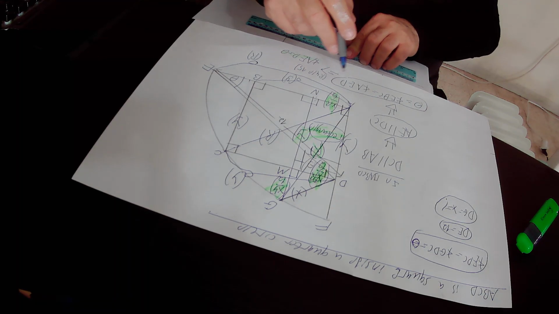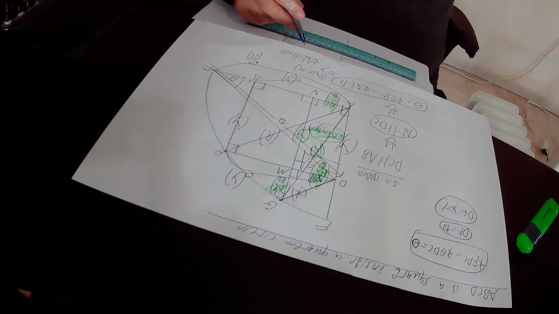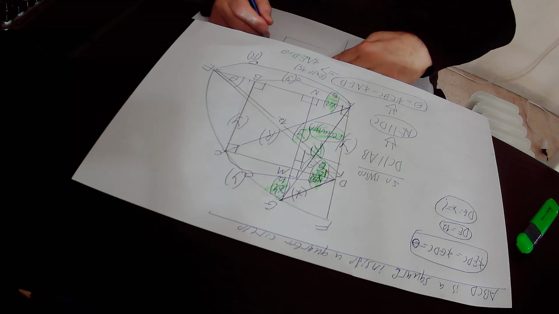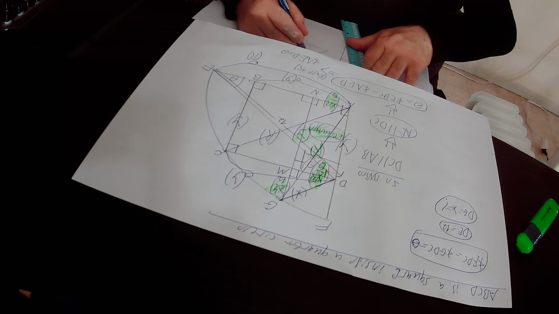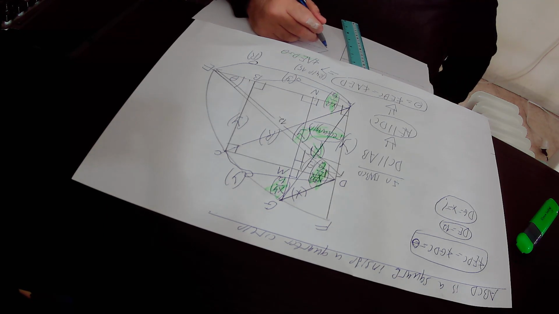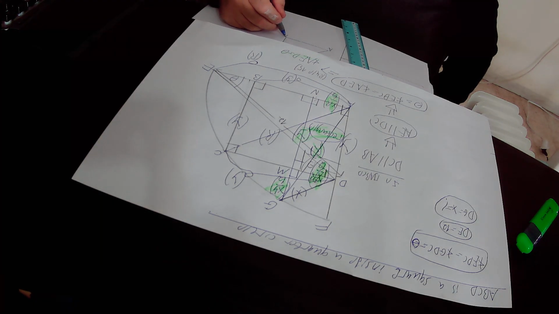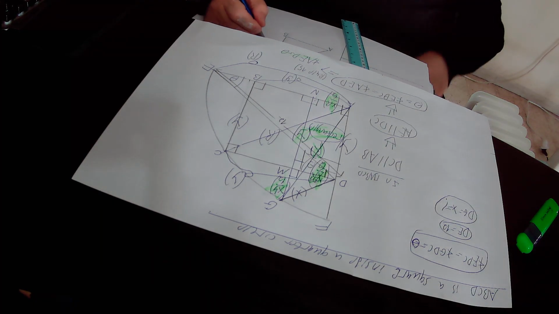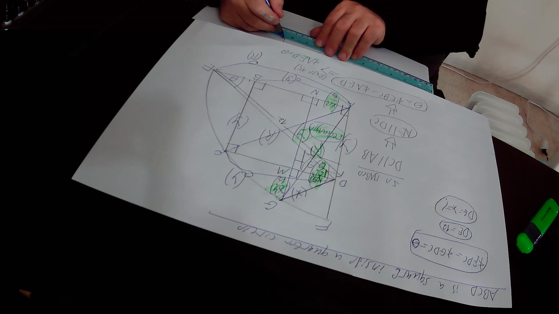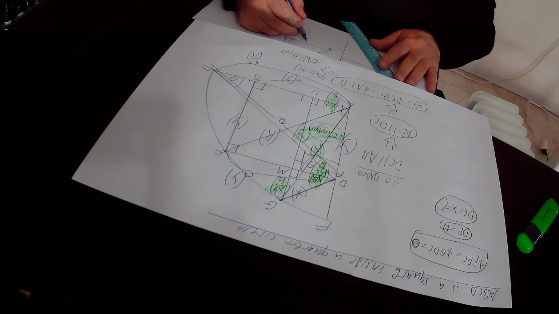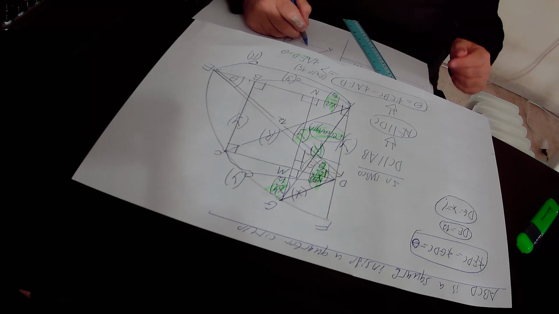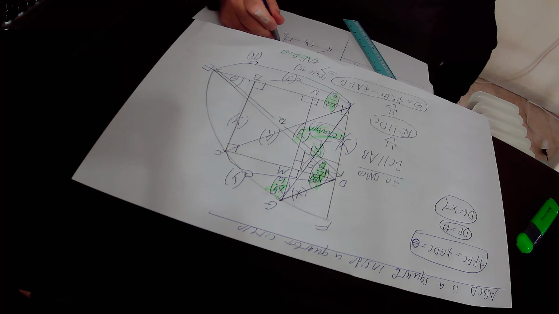The hypotenuse AC of the right triangle ABC equals R, the radius of the quarter circle. AB equals Y, and BC also equals Y.